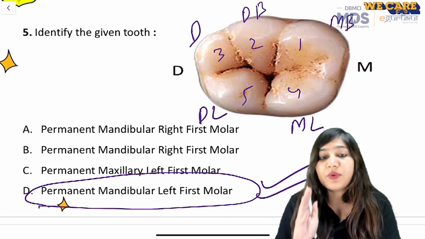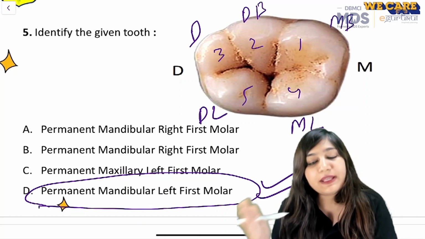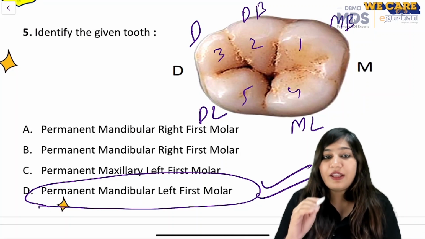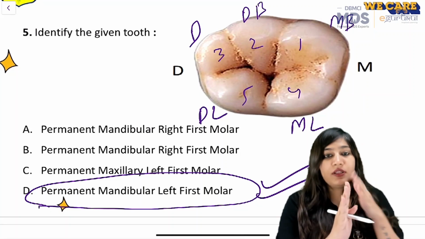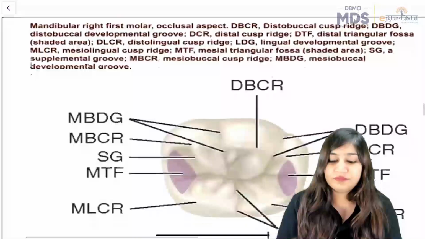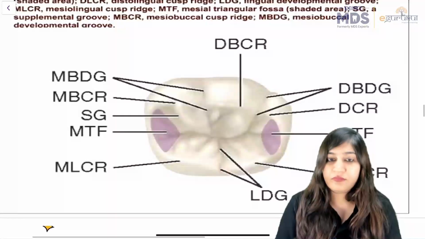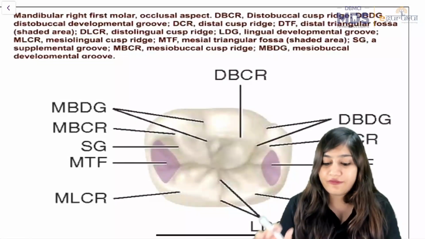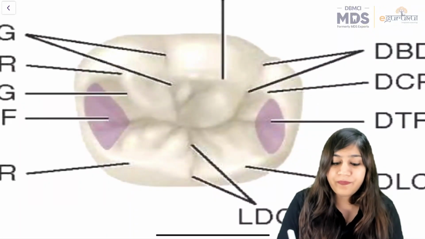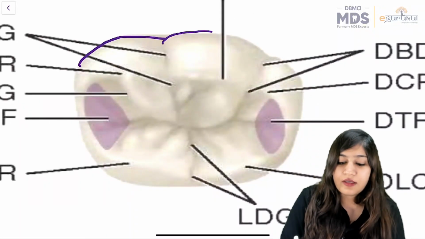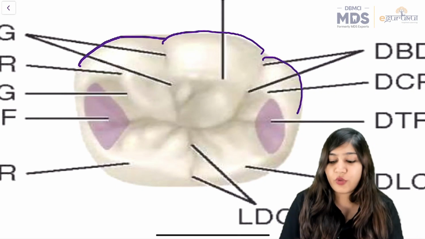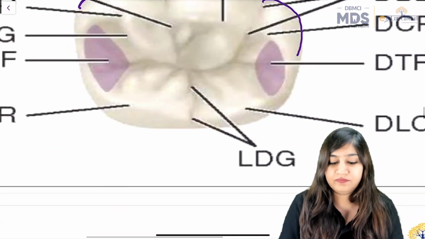Side determination you have to do on the basis of the mesial surface facing the midline. If we place this tooth here, then it will be opposite, right? So it is mainly of the left side. Here we can see in this diagram also, we have mesiobuccal, distobuccal cusp and a small rudimentary distal cusp.